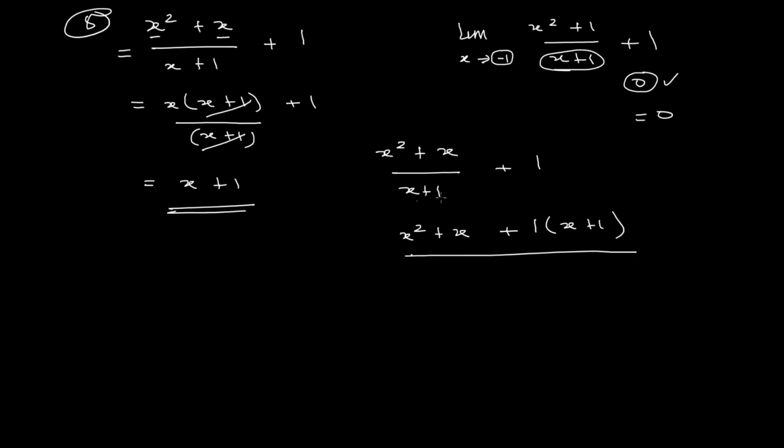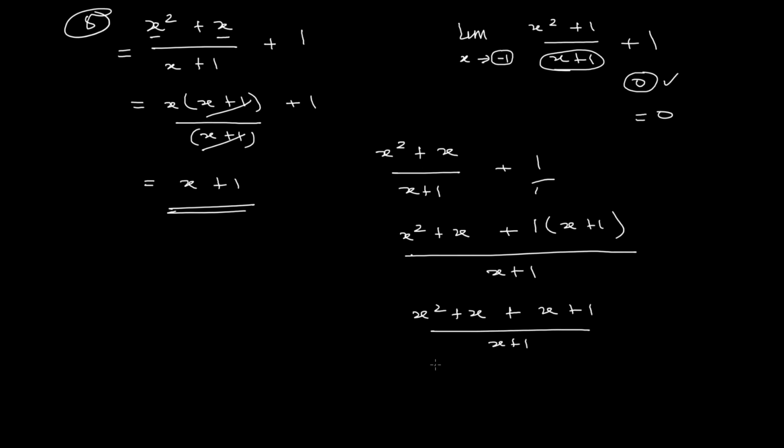I'll use my lowest common multiple. If I divided that into this, it will give me that one. If I divided by 1 into this, it will give me that. That's why I've multiplied that. Then x squared plus x, then plus x plus 1 over x plus 1, like that.